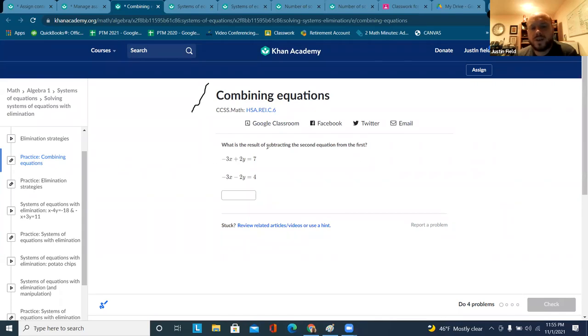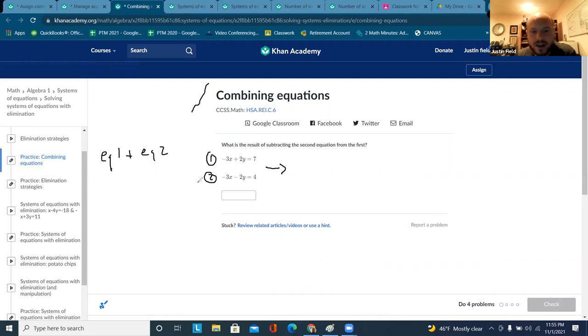So what is the result of subtracting the second equation from the first? All right, so here's the thing. When we have two equations, there's one thing that we have not done yet that is a very powerful tool: you can add equations together. You have equation 1, you have equation 2, you can add them together.